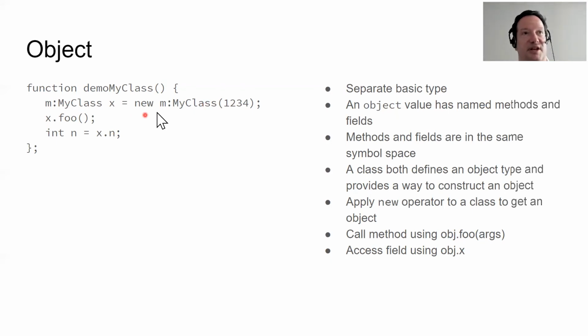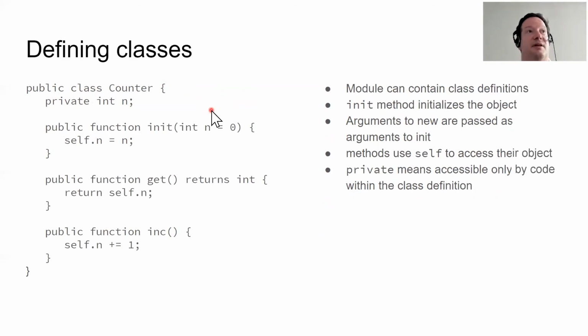So it works pretty much like JavaScript or Java. And if you define them, again, it's pretty similar to Java. You define a class. You can have private members, which means it's accessible only to the code in the class. And you have methods on it.